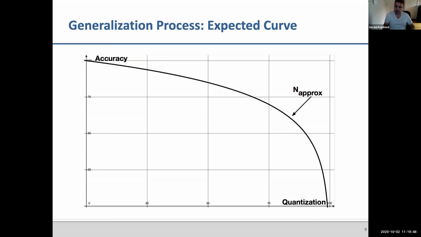And then as you quantize the parameters, as you go further and reduce parameters in your network, you get to less and less accuracy, and you get to some generalization-memorization trade-off. And the trade-off should be, as far as I know, at the point that we call n-approx, where if you quantize enough, we only have noise left.